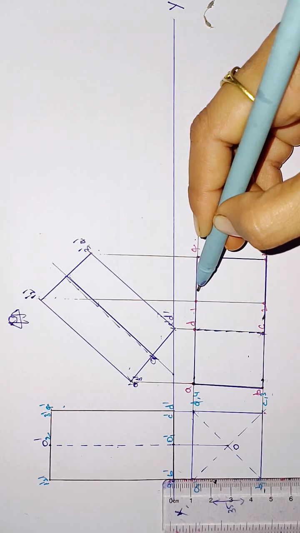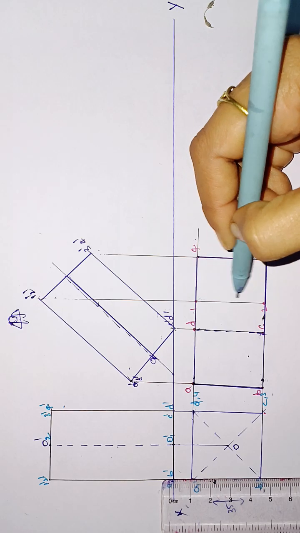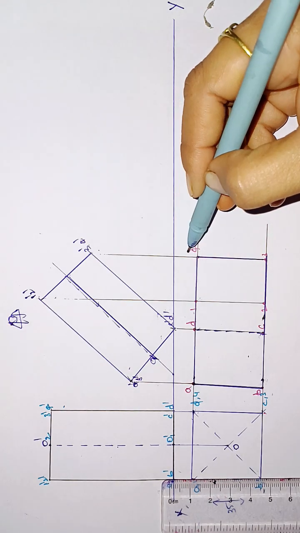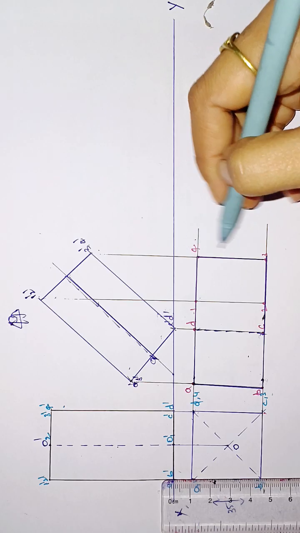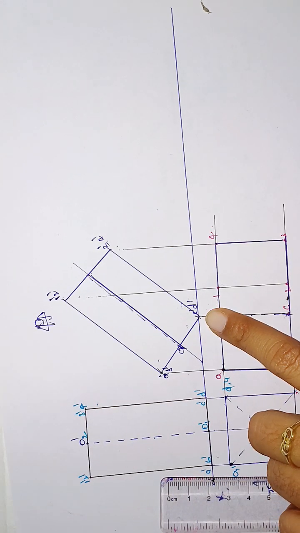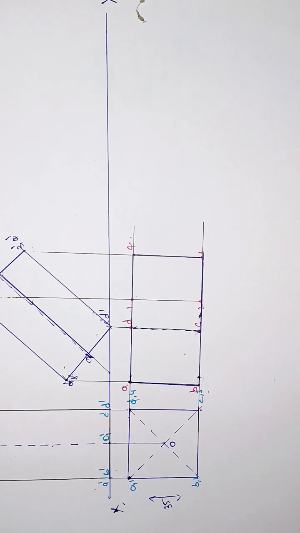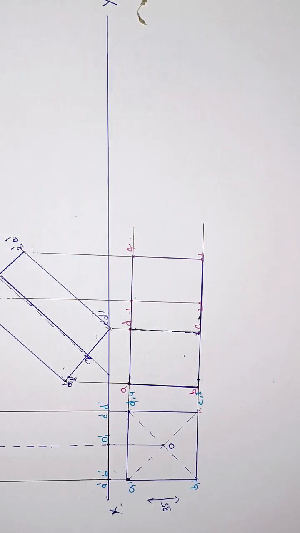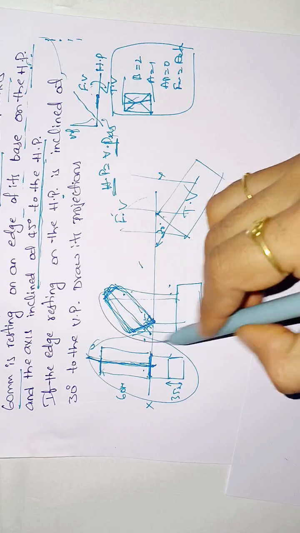Here also 1 is the main point, 2 is a hidden point. So here no changes. And here 3 is also a main point, but 4 is a hidden point. So here no changes. But C and D are hidden points, so definitely both are hidden points, so we have to draw the dotted line. And we have done the second stage also.